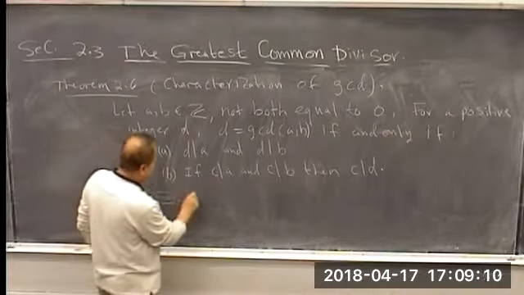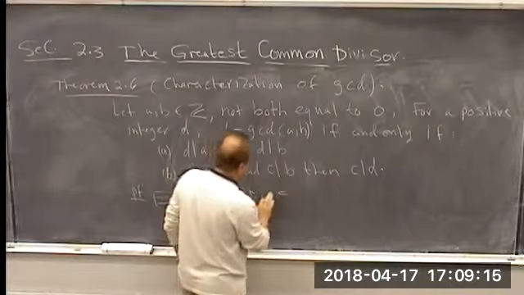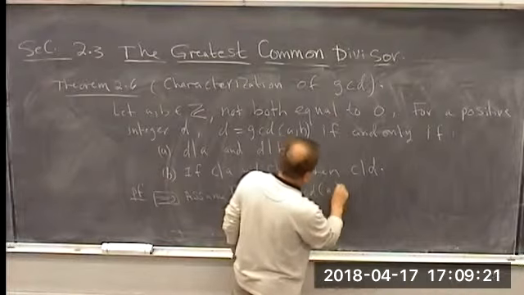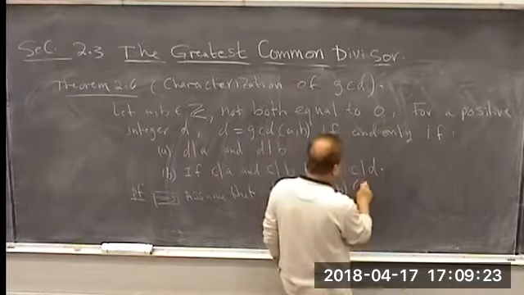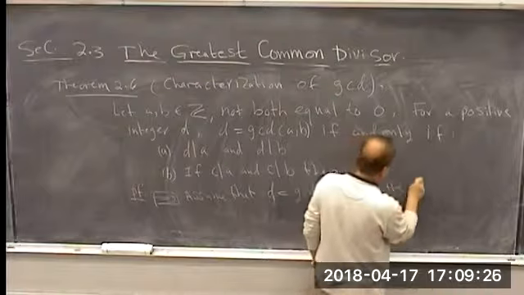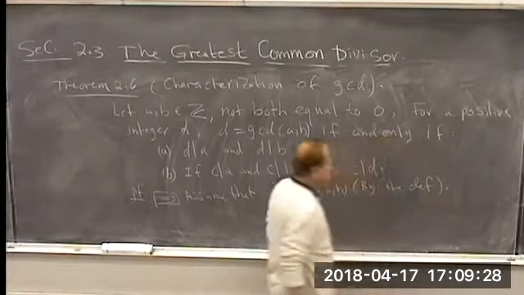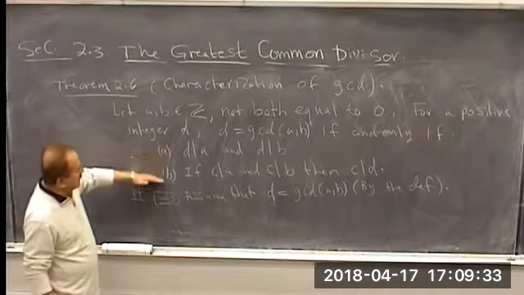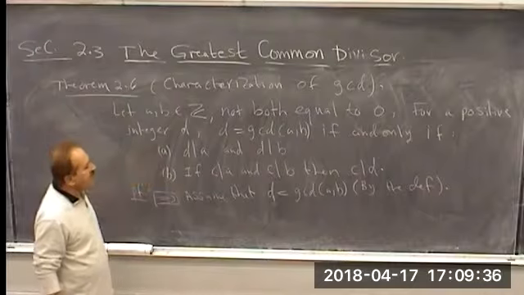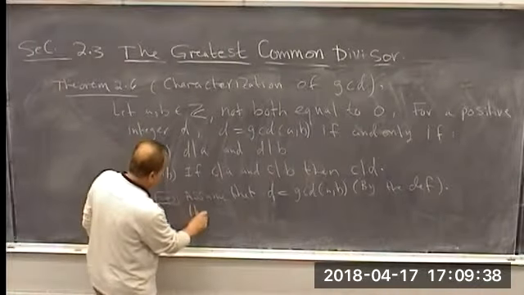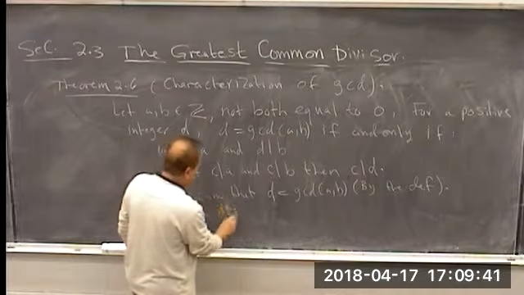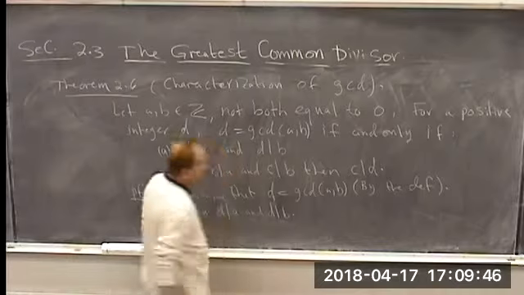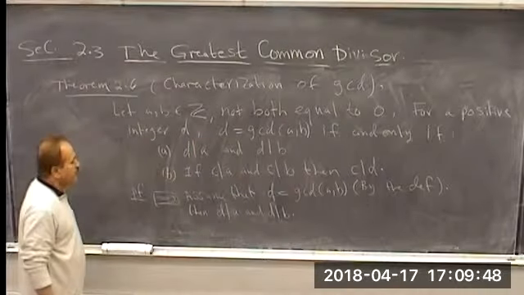Assume that D is the greatest common divisor of A and B by the definition. Then we know I want to show that it satisfies these two conditions. All right. Then D divides A and D divides B, because that's the way usually we took it.